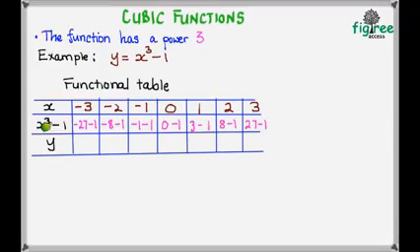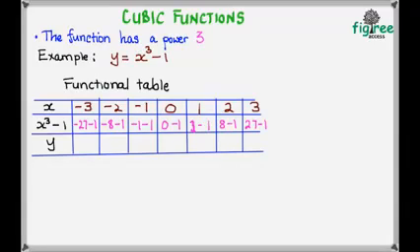Minus 3 cubed is minus 27, minus 1. Minus 2 cubed is minus 8, minus 1. Minus 1 cubed is minus 1. 0 cubed is 0. 1 cubed is 1, so here you must have 1. I made a mistake here.